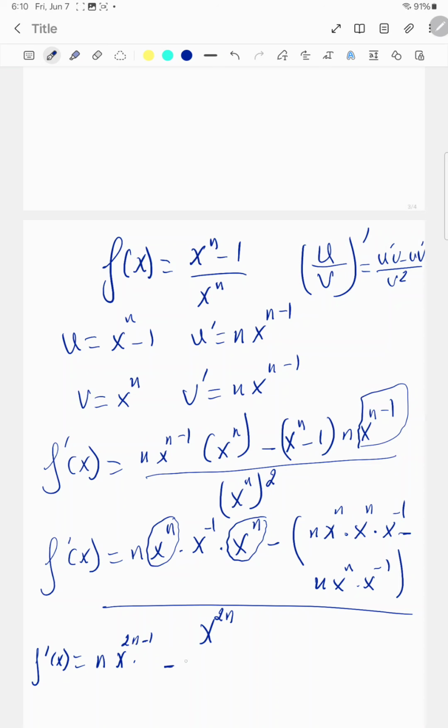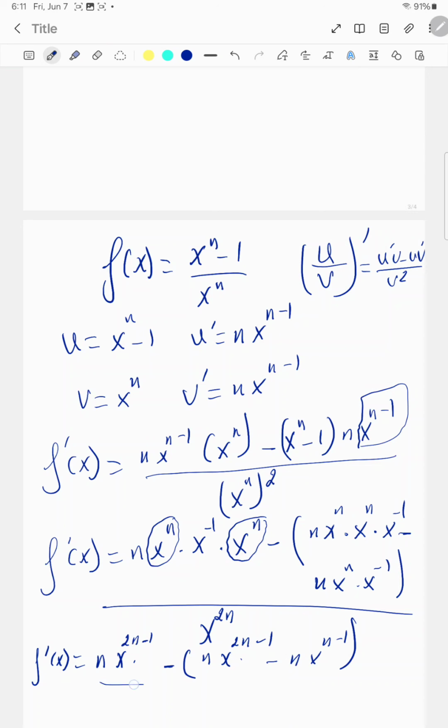And then here I put minus and I open my parentheses. So the first term here becomes n x to the power 2n minus 1, minus n x to the power n minus 1.